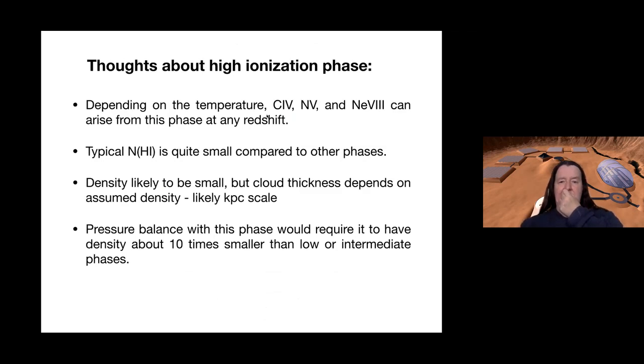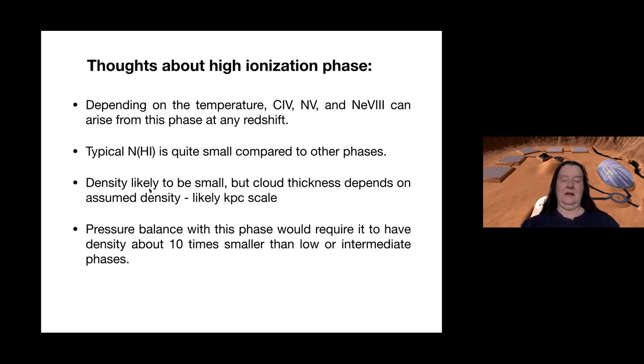So the thoughts here: depending upon the temperature, these different species can arise from a collisionally ionized phase. The typical N(H I) is really quite small, but it can be very broad.